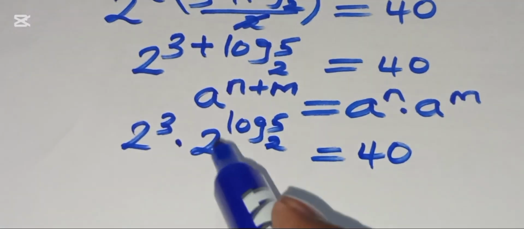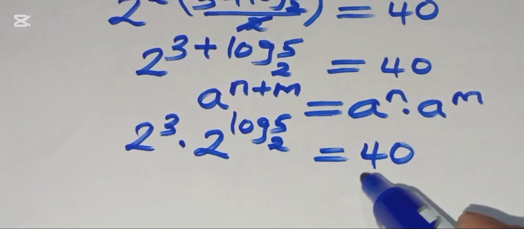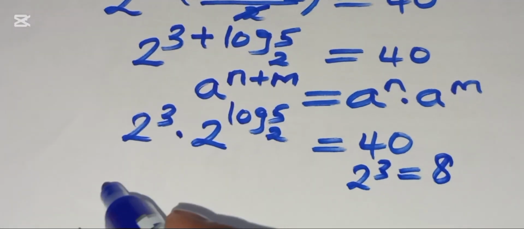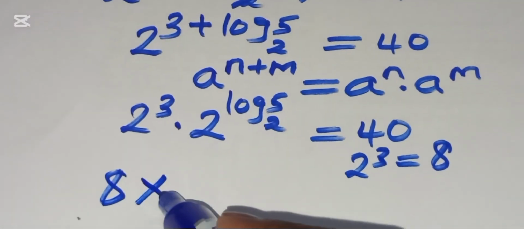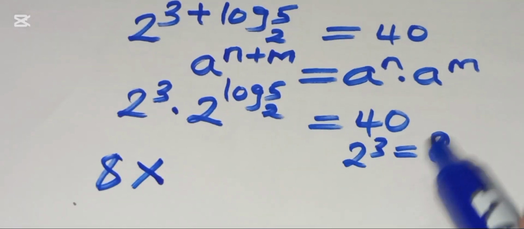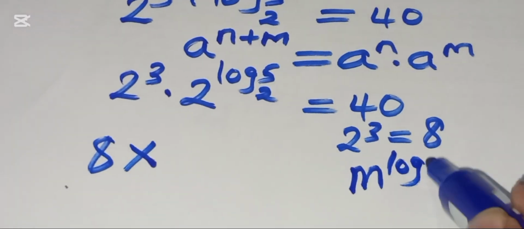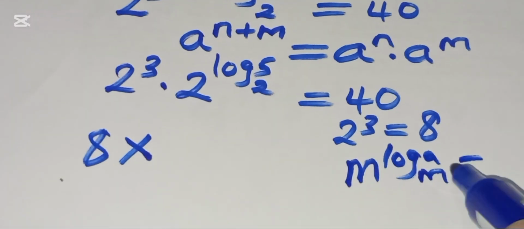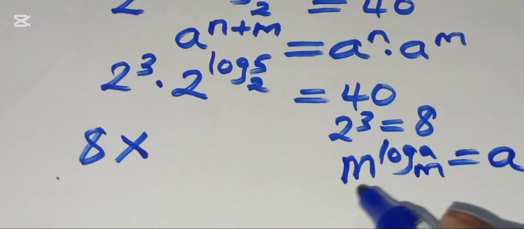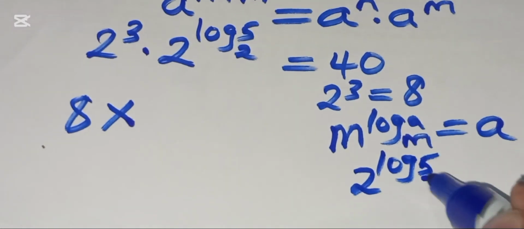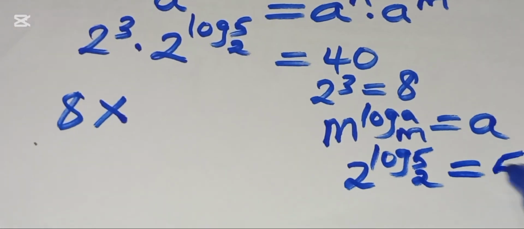Now 2 raised to power 3 is the same thing as 8. So we'll have 8 multiplied by 2 raised to power log 5 to base 2. This is in the form of m raised to power log a to base m, which gives us a. So 2 raised to power log 5 to base 2 is equal to 5.